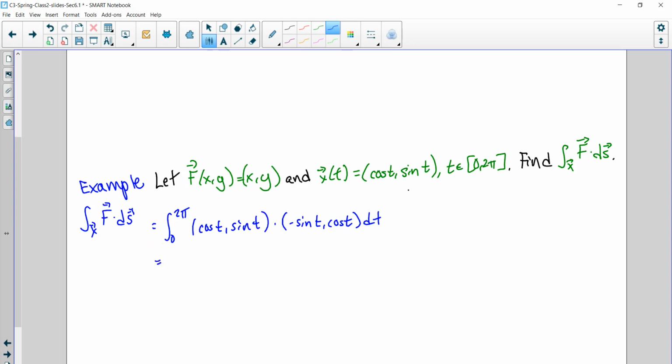And if I add this up, this is going to be 0 dt, so I just get 0.